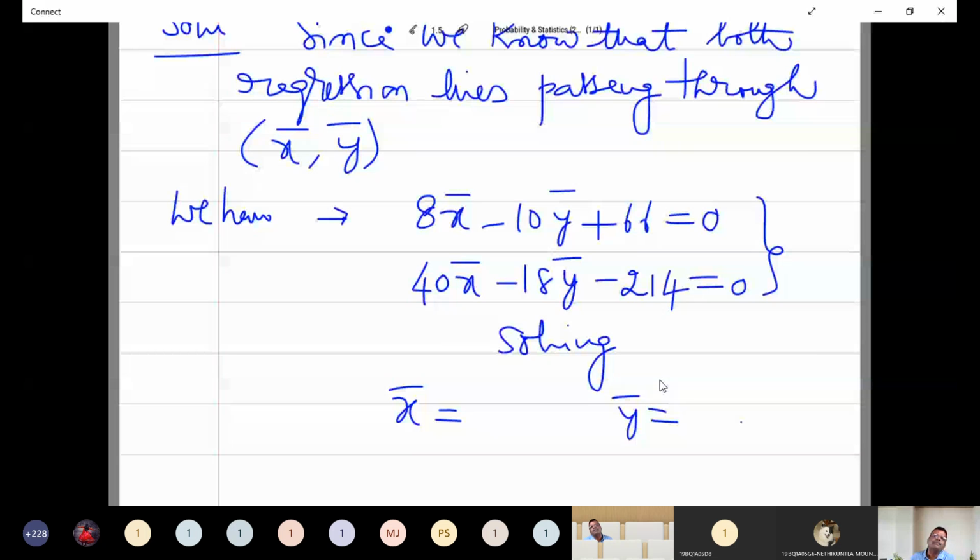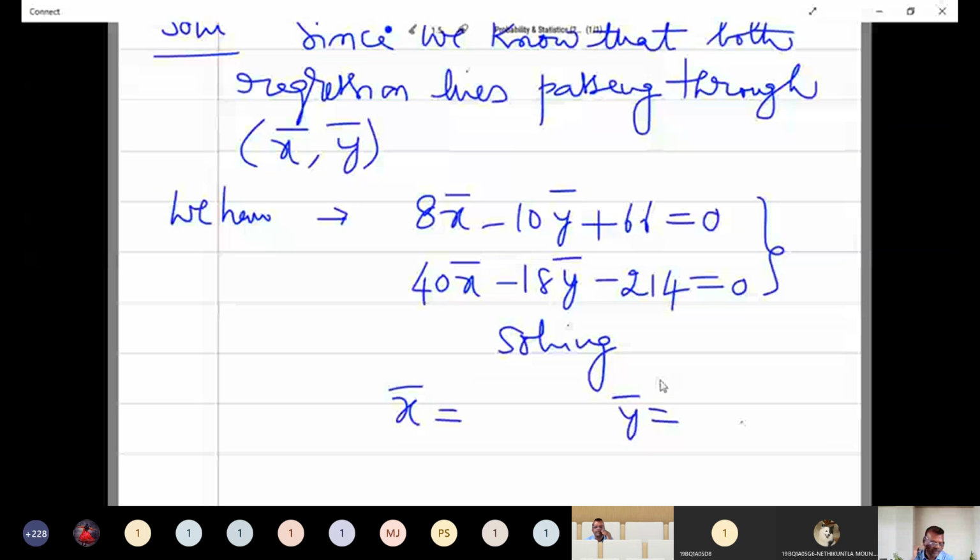Or otherwise, multiply 5 times the first equation and equate the x coefficients, subtract one from the other, and find out the value of y. Then substitute in the first equation or second equation, we can find the value of x. That is the traditional method for solving two equations. Or otherwise, you can use the calculator to find out the values of x bar and y bar. That is very easy. Take the calculator, all of you.